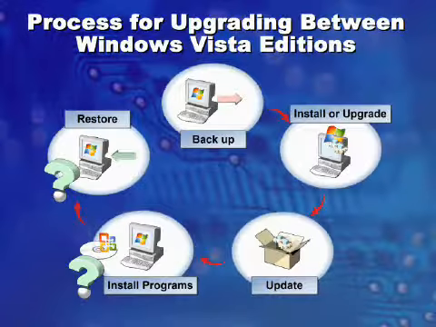Install programs. Now, there may not be a need to go in and reinstall programs. If you're currently running a version of Windows Vista, the programs are already compatible. But there is a chance that during that upgrade or installation process the programs may stop functioning and you may need to go in and repair them.